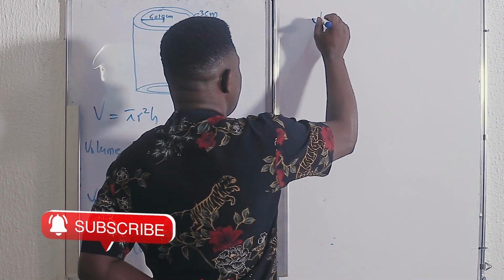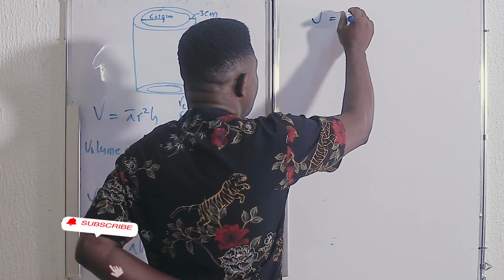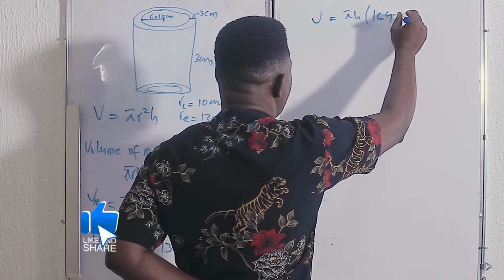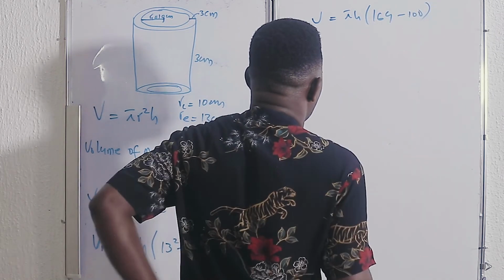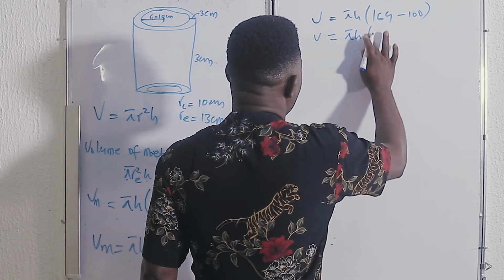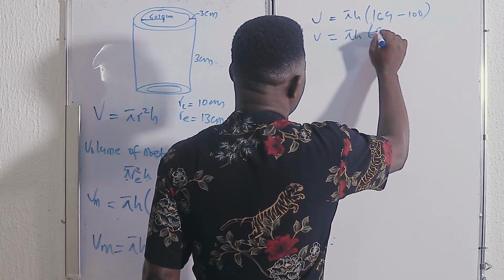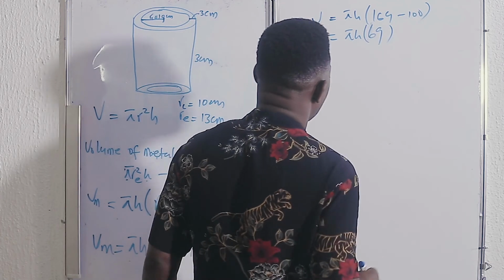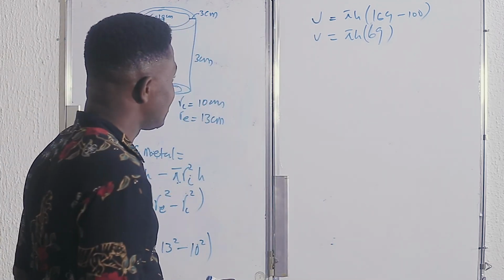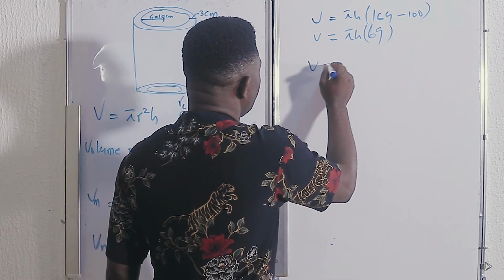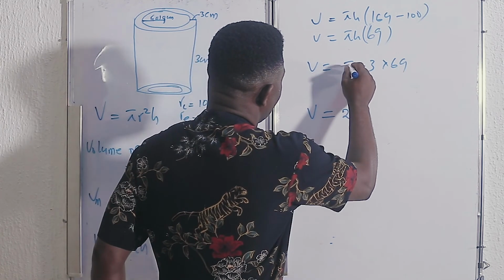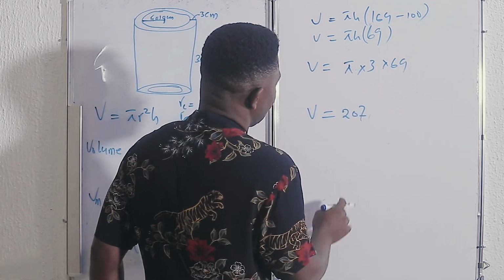So the volume is going to be pi h times (169 minus 100). 13 squared is 169, 10 squared is 100. So volume is pi h times 69. We know pi to be 22/7. h is 3. So volume is pi times 3 times 69.